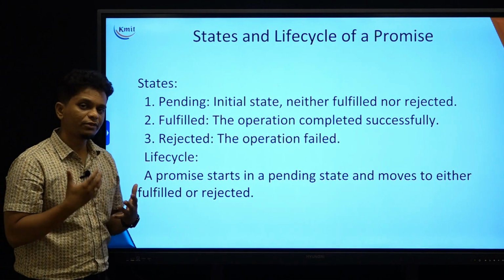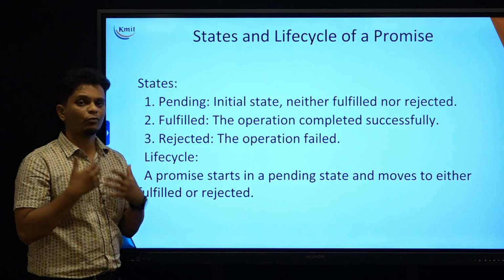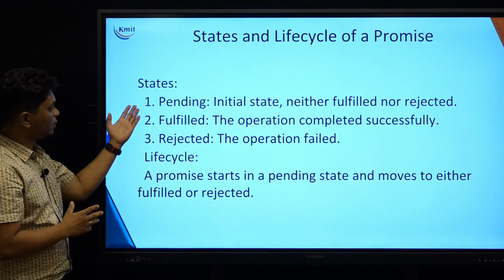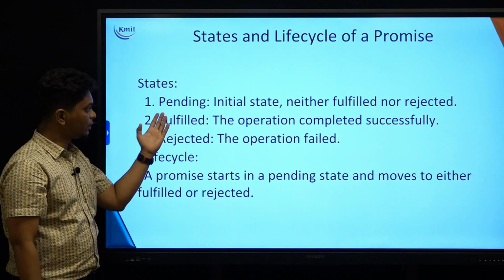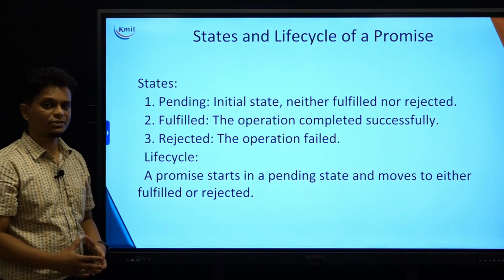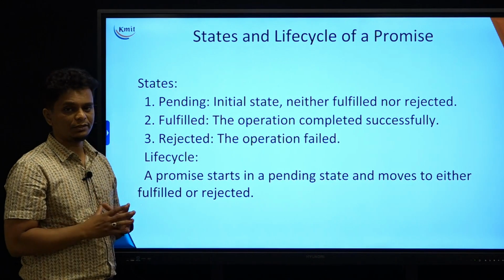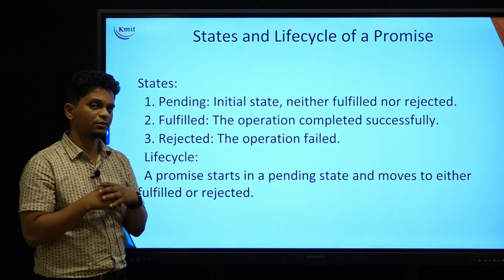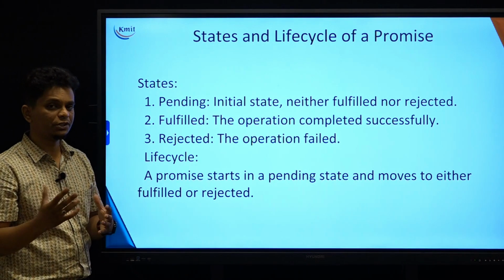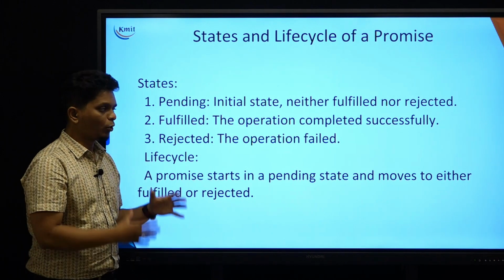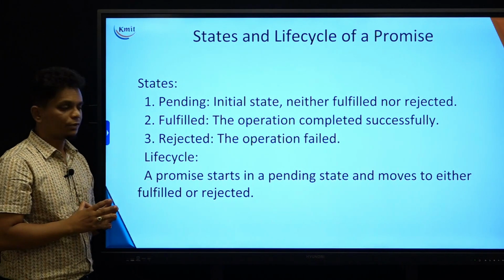Now, what are the different states of a promise and what exactly is the life cycle of a promise? Let's discuss states. The initial state is the pending state, where the promise is neither fulfilled nor rejected. The second state is fulfilled, where the operation completed successfully.